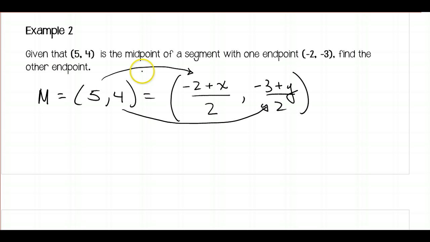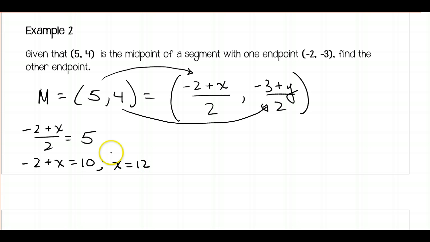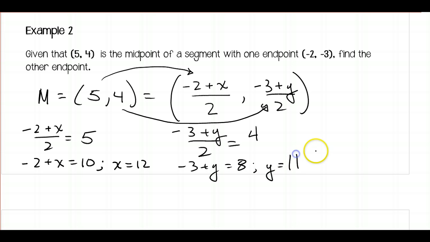I've got -2 plus x divided by 2 is equal to 5. So -2 plus x is equal to 10, which means that x is going to be equal to 12. And then I've got -3 plus y divided by 2, and that should equal 4. So I have -3 plus y is equal to 8, and y would be 11.